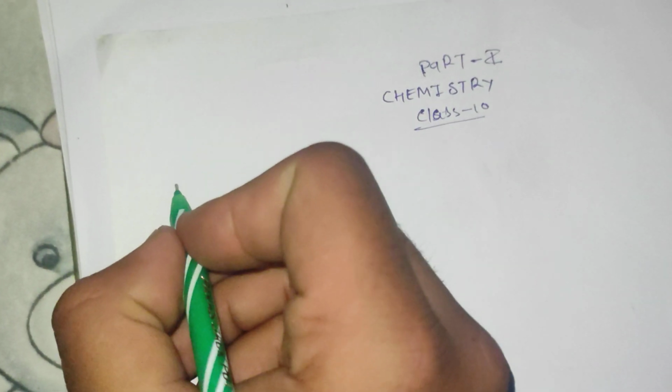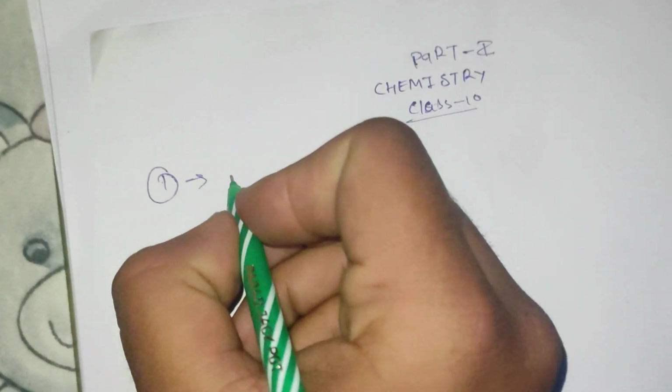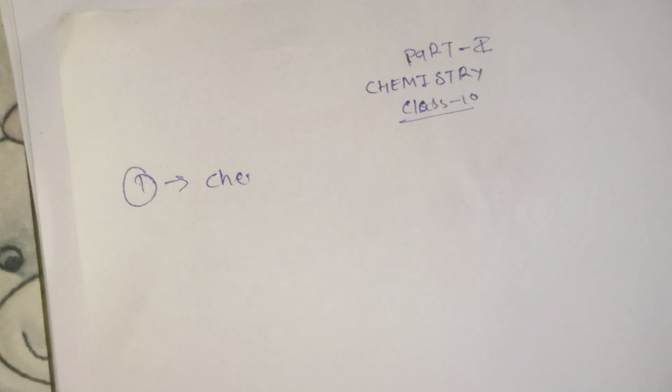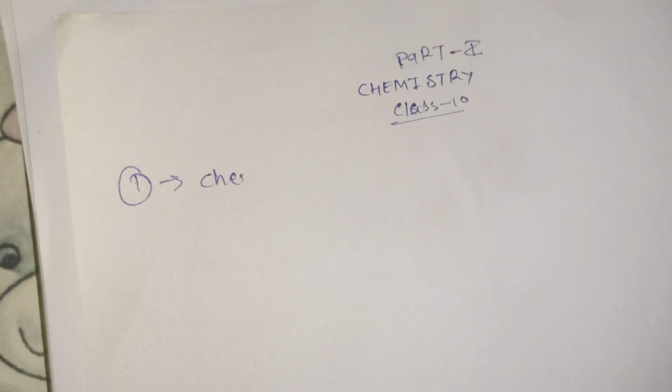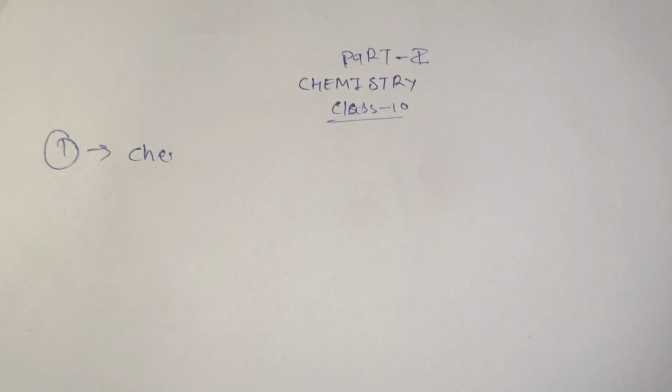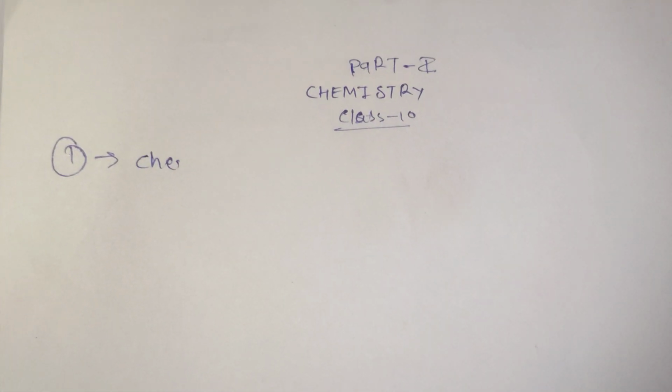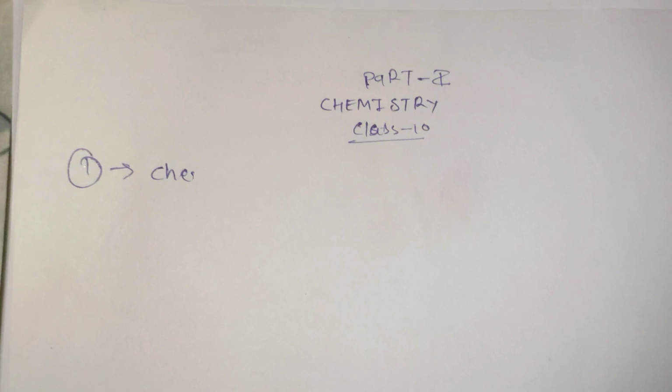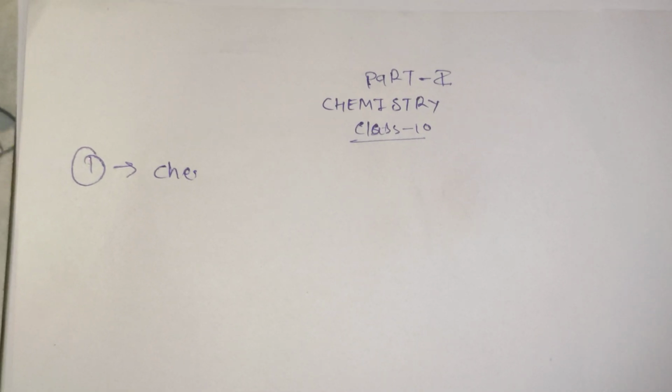Here we talk about what a chemical reaction is. Basically, chemistry is where we learn about chemical properties, chemical reactions, and everything chemical available in the world, the chemical elements, and chemical natures.